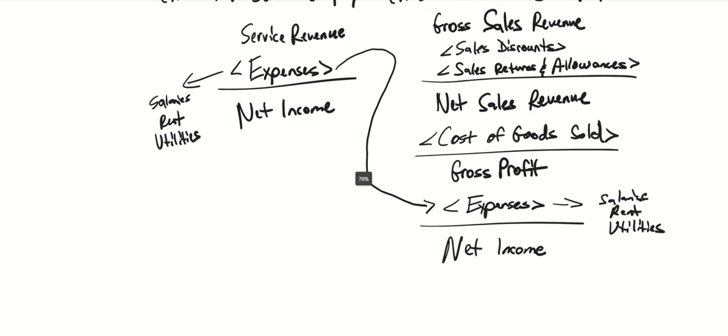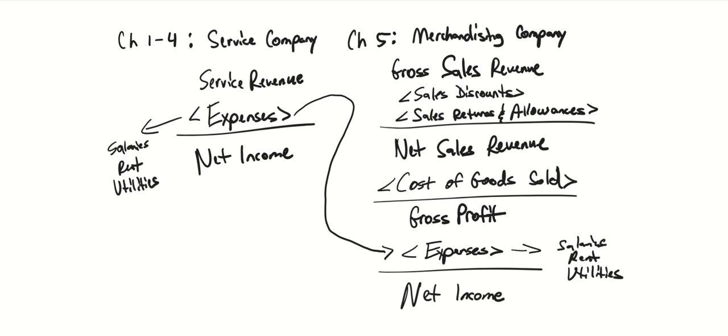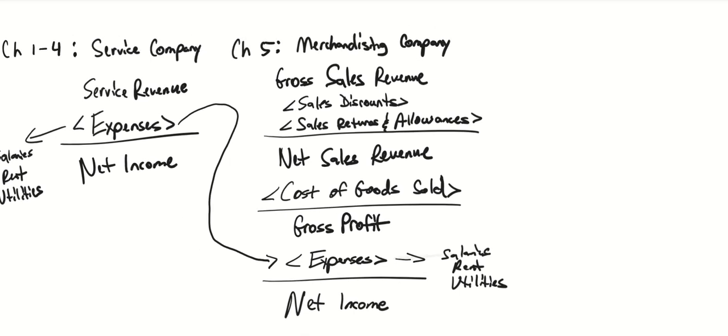All right, so when I zoom out here, you can see the difference between the service company, what all is accounted for in the service company, to the merchandising company, what's all accounted for there. And I'm not even done yet. Just even the cost of goods sold here, there's some more things to it.